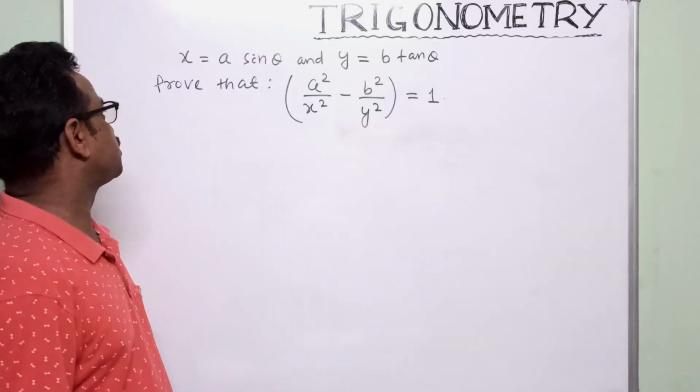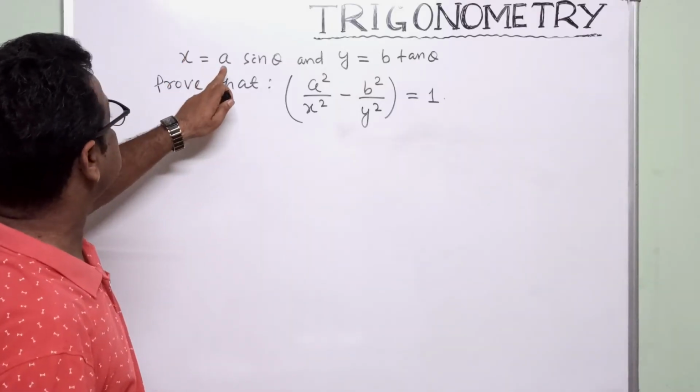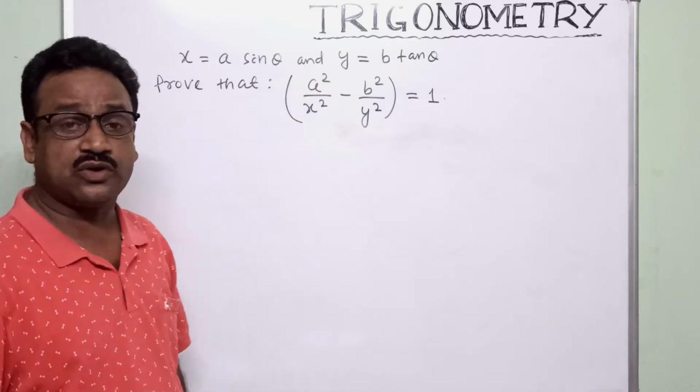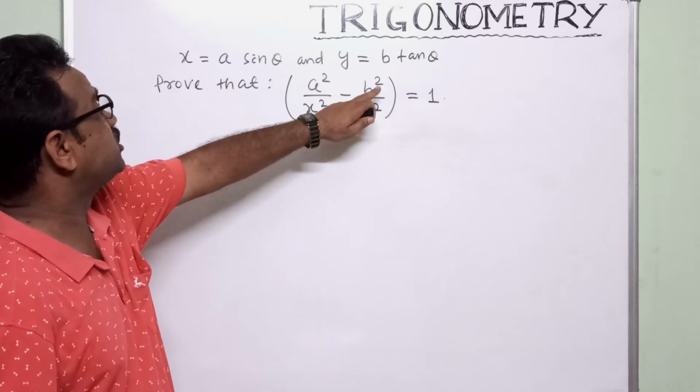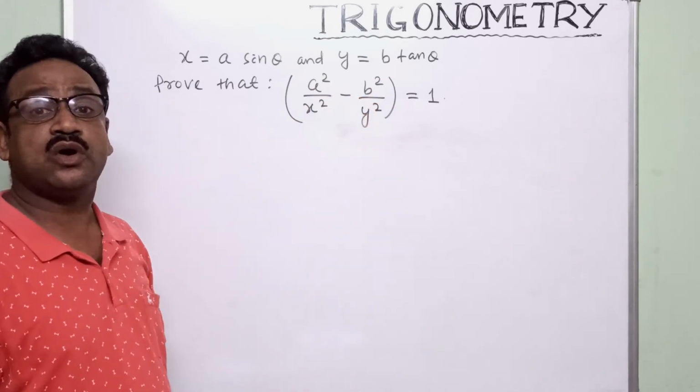Now move on to the next question. What is given? x is equal to a sin theta and y is equal to b tan theta. So prove that a square by x square minus b square by y square is equal to 1.